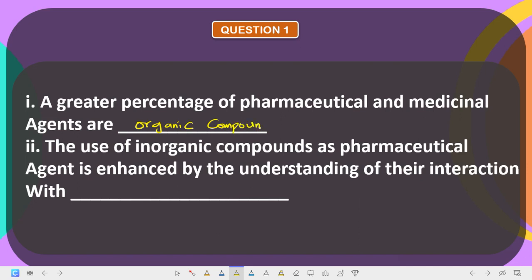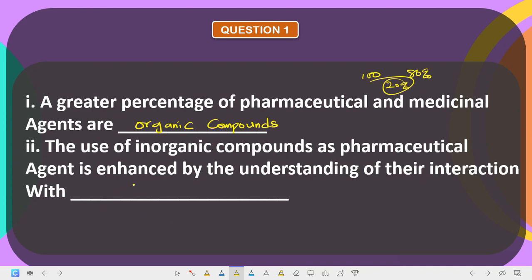Now, we also have some inorganic compounds that are used. But when they say greater percentage, it means out of 100%, about 80% are organic, and then we also have 20% that are what? Inorganic. So a greater percentage of them are organic compounds.